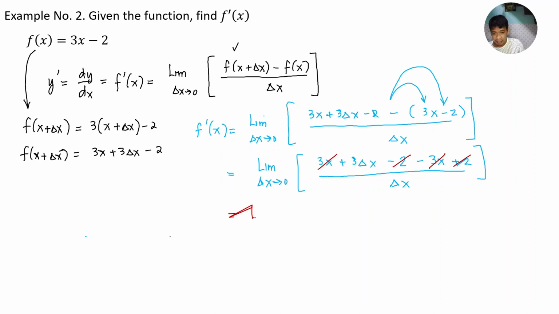So, we will have the limit as delta x approaches 0 of 3 delta x over delta x.